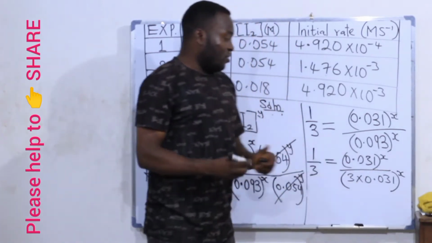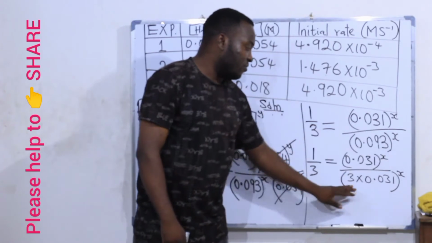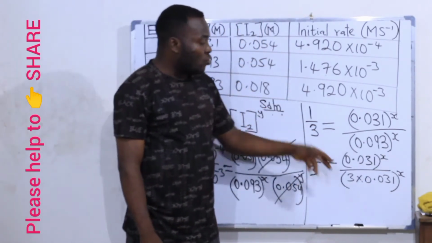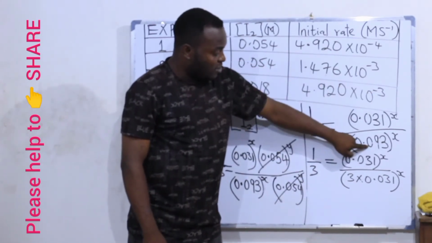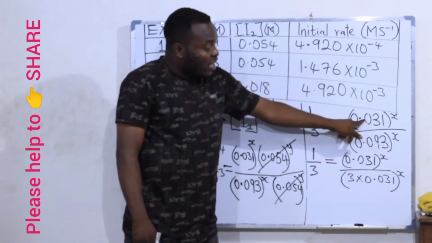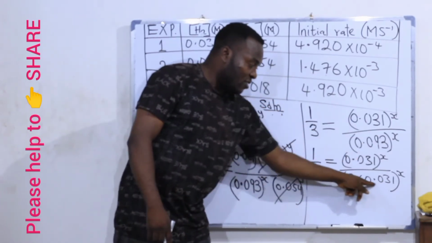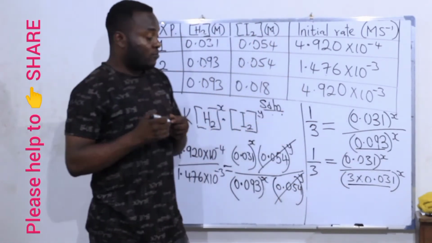Remember, I've not done anything. This 0.093 is the same as 3 times 0.031. I looked for the number that I will multiply by this so it will give me this. When I found that number, I discovered that 3 times this thing will give me this. So I brought out 3 and this. So this thing here is the same as this. So I've not changed anything.